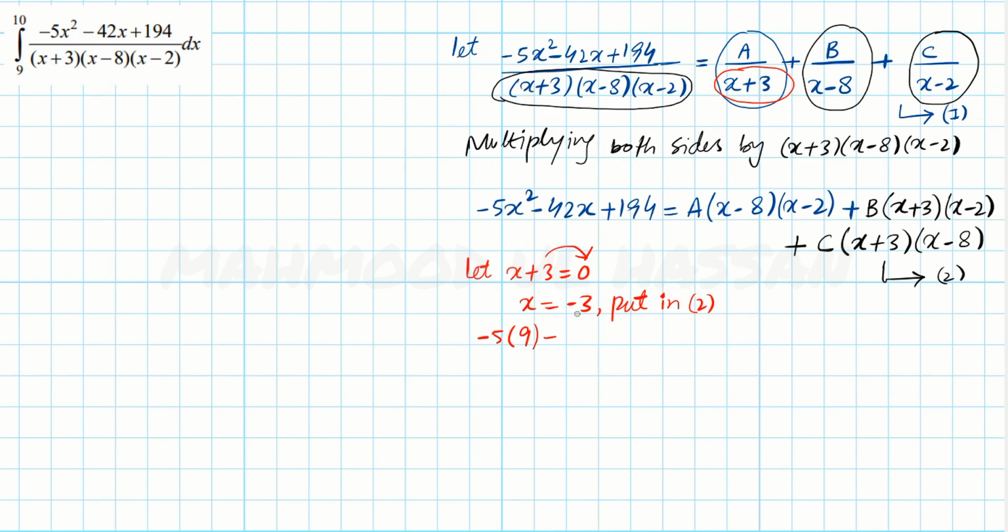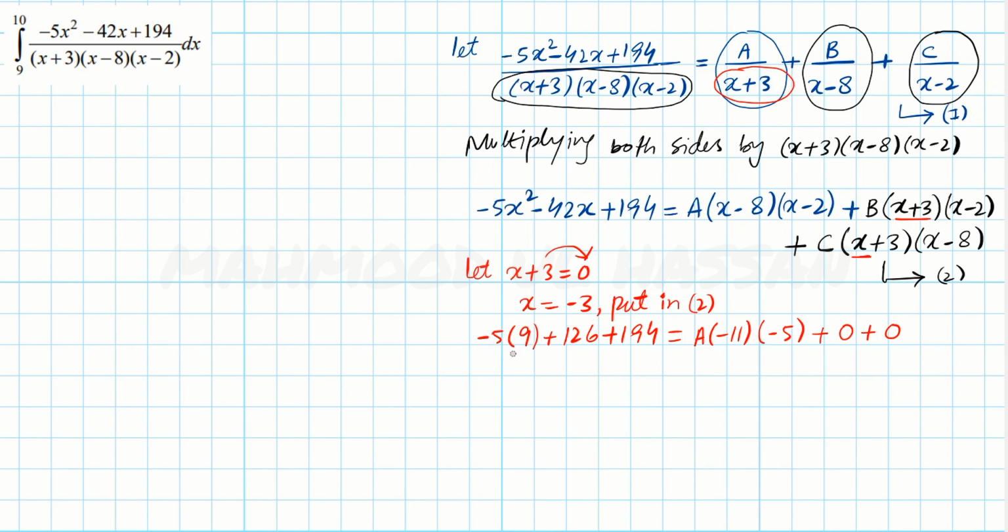Here we have negative and negative, that will become positive, 126, plus 194 equals. Now we put x = -3 on the right side. So -3 - 8 is going to be -11, and -3 - 2 would become -5, and the rest of the terms would be 0, because when we put -3 here, this factor will be 0, so the whole term will be 0. Similarly, when we put -3 here, again this factor will be 0, so this whole term is 0.